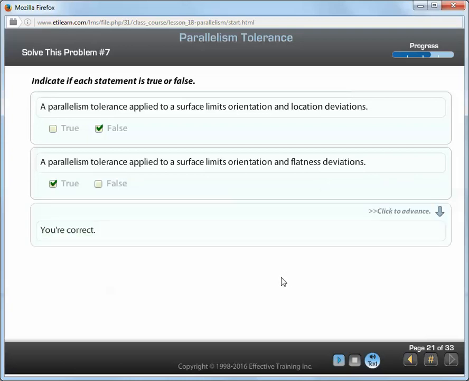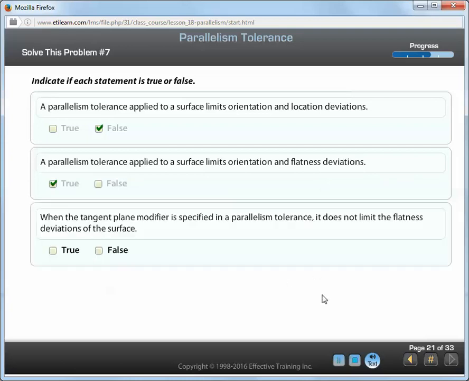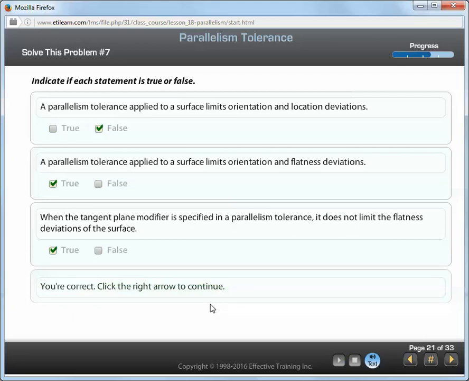You're correct. When the tangent plane modifier is specified in a parallelism tolerance, it does not limit the flatness deviations of the surface. You're correct. Click the right arrow to continue.